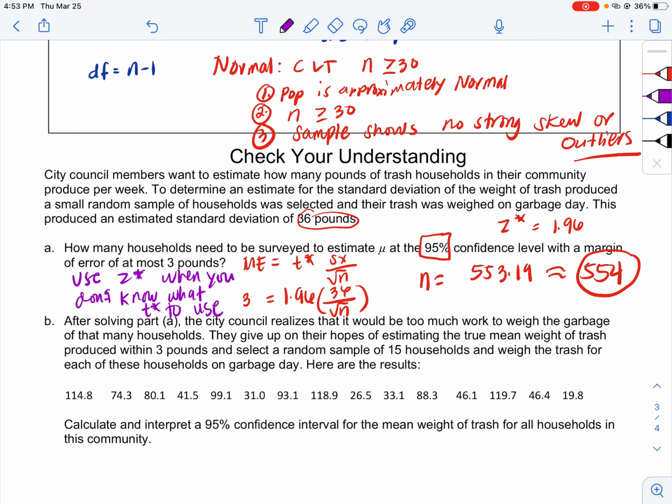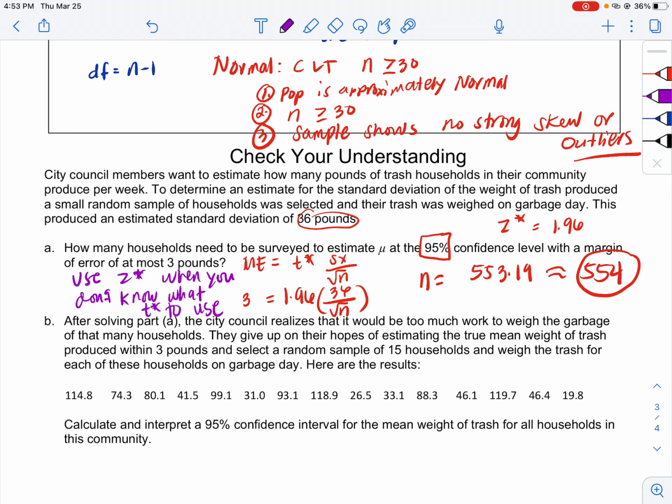Here are the results. Calculate and interpret a 95% confidence interval for the mean weight of trash for all households in this community. So it's kind of a lot of work because in this case, we're not given any information. We're not given the mean, we're not given the standard deviation, nothing.